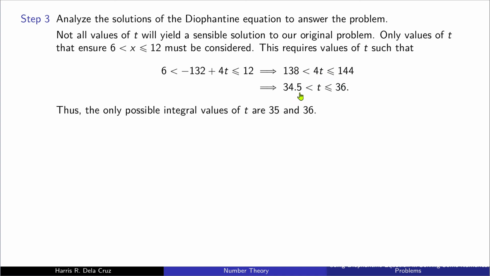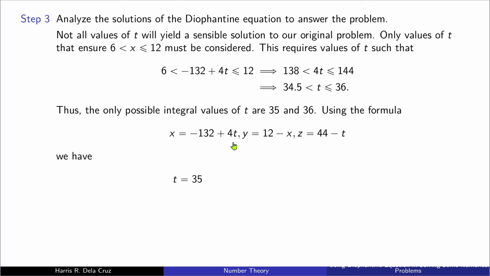So, ang pwede lang value ng t ay 35 and 36. Kung gagamitin natin yung value ng t na to, makukuha natin ang x equals negative 132 plus 4t. So, that gives us, when t equals 35, x equals 8. Y equals 12 minus 4, so that's y equals 4.